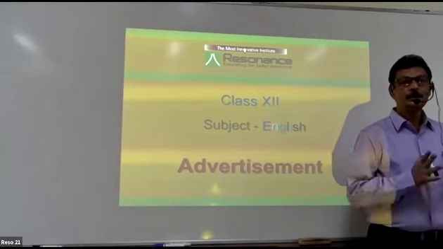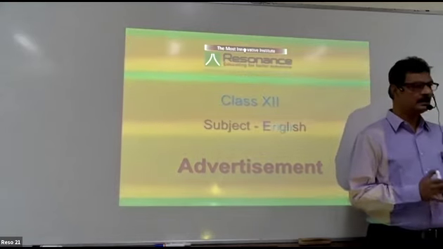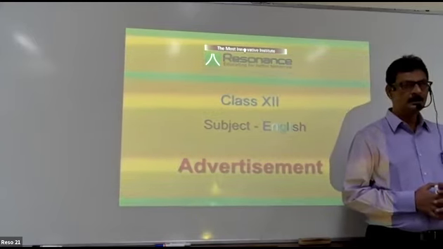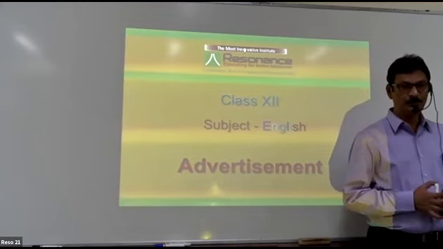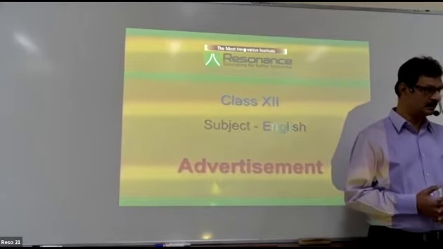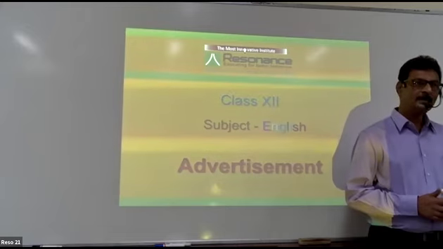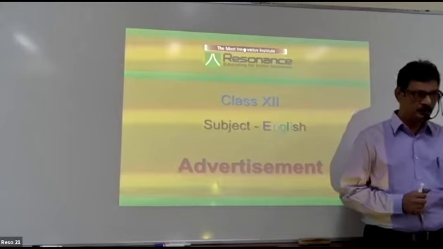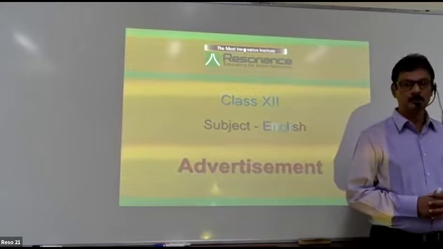There are two types of advertisements. One is the display advertisements, the big ones, full page, half page, 1/4 of a page. जो बड़े बड़े आते हैं, they are known as display advertisements. No doubt they are costly also. And the other one, the smaller ones, advertisement for the classified columns.